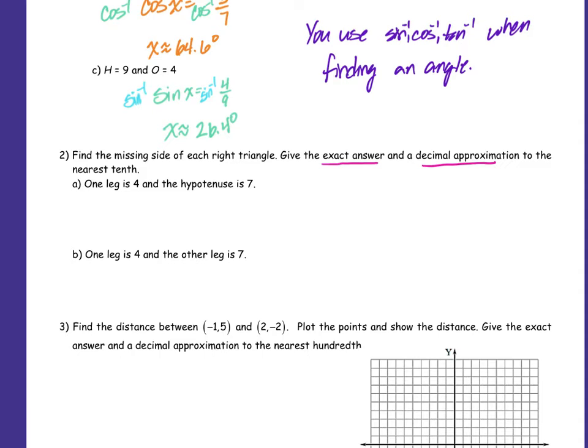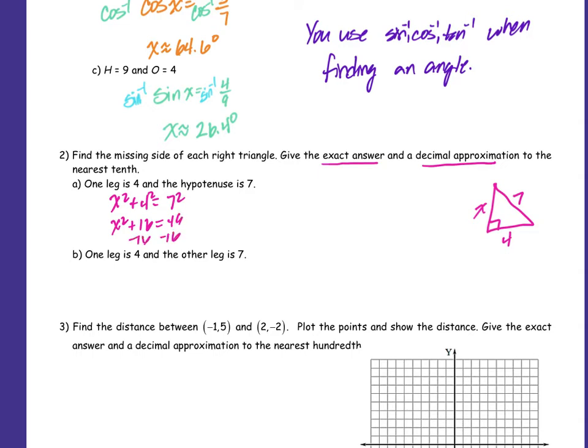For me personally, you don't have to do it, I'm just going to draw a little triangle so I know there's my right triangle. My hypotenuse is 7, and one leg is 4, and I'm going to call the other one x. So I get x squared plus 4 squared equals 7 squared. So x squared plus 16 equals 49.